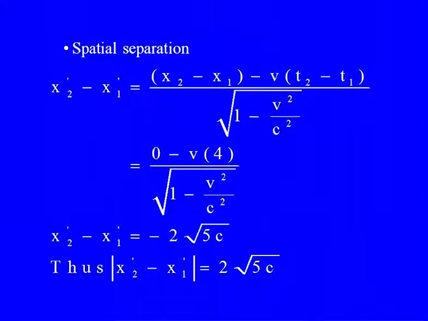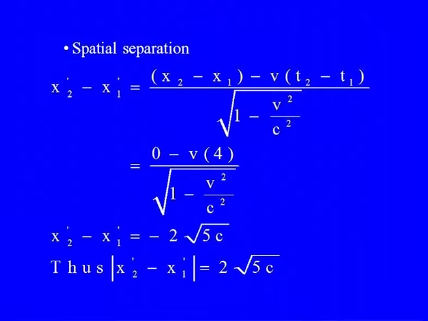Okay. Now, having found that, it is very easy to find what the spatial separation is. So, that is x2 prime minus x1 prime, that is x2 minus x1 minus v into t2 minus t1, over root of 1 minus v square by c square. And we know the spatial separation in the S frame is 0, since it happened at the same place.